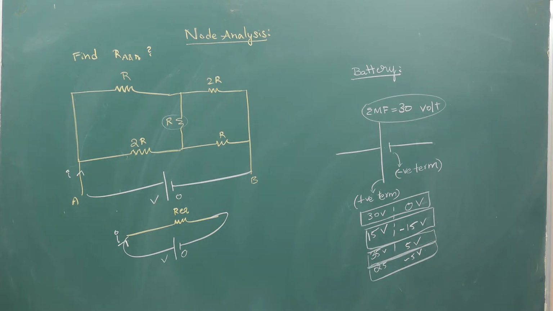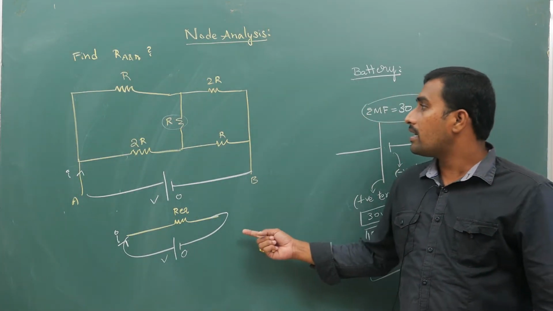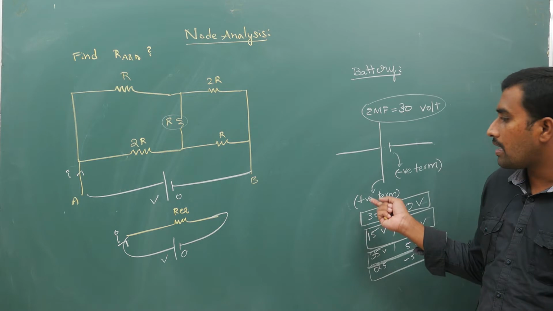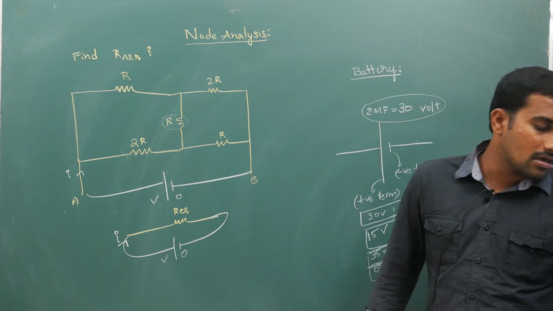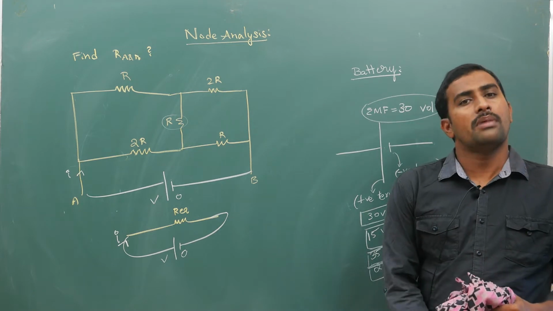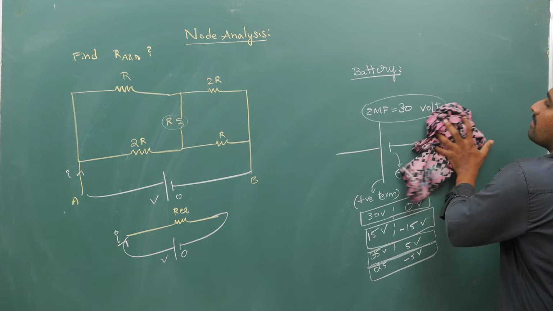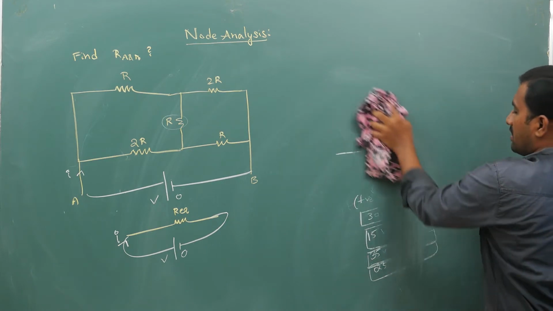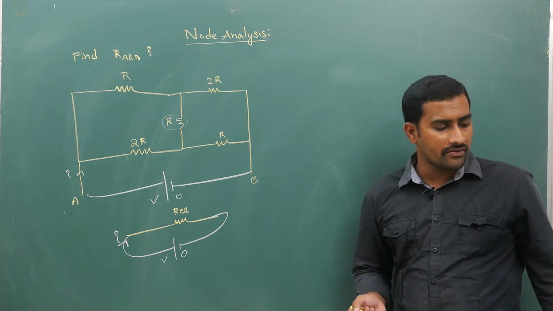So now we are going to calculate the equivalent resistance using this connection. This connection will not be given in the question, but for clarity's sake I am explaining it, assuming that there is some battery like that. Now observe carefully.